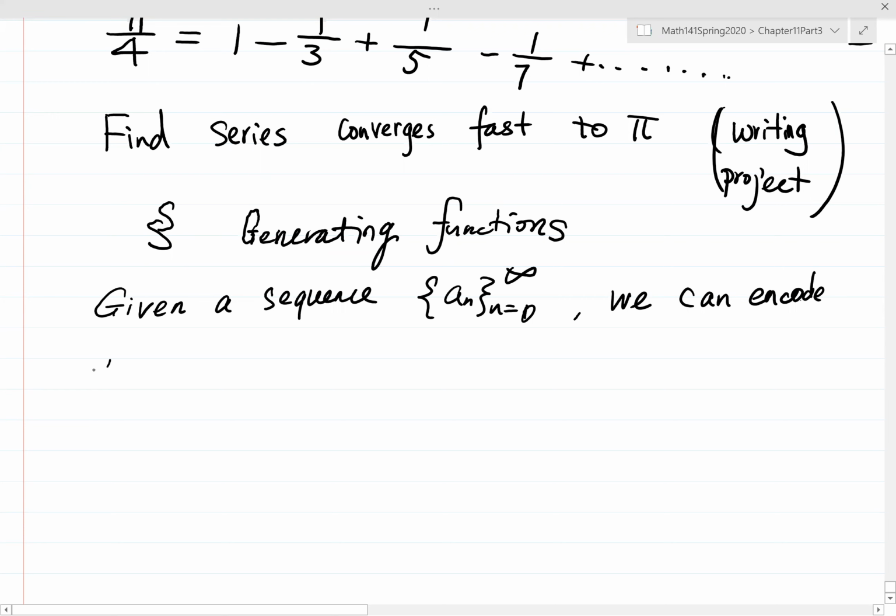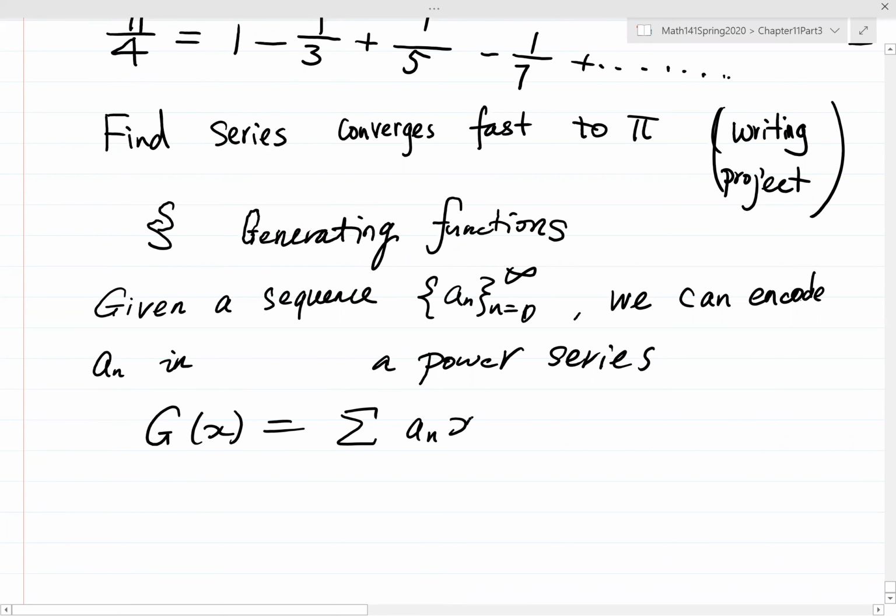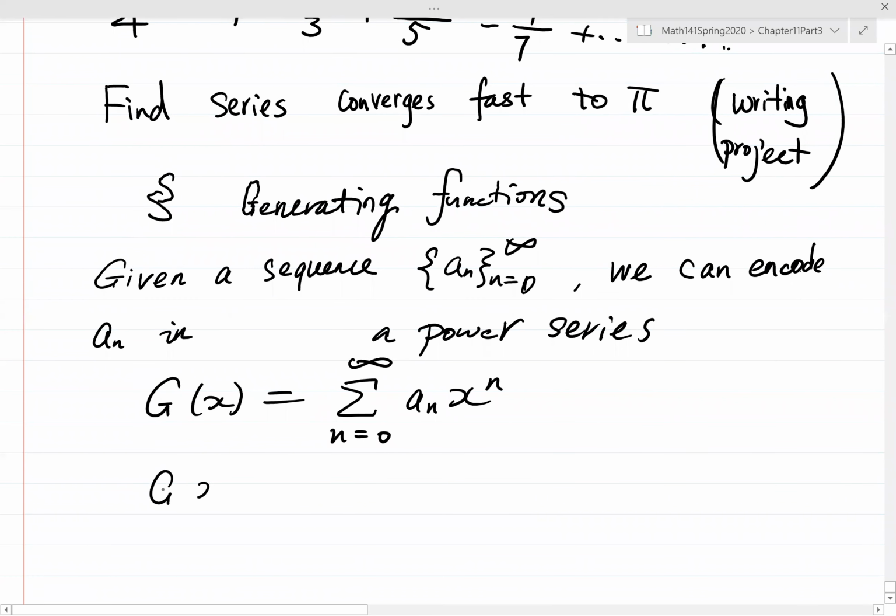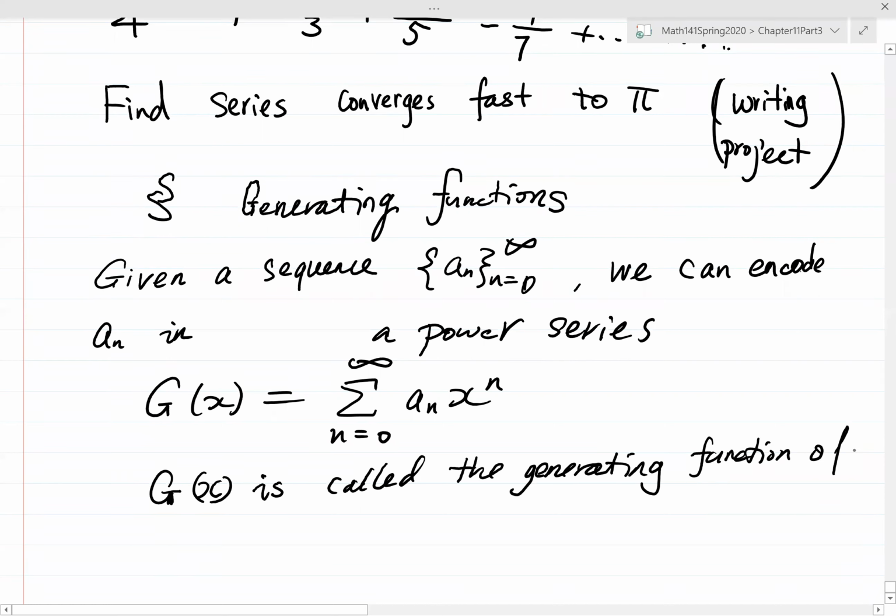So we include a_n in a power series g(x). g(x) is called the generating function of a_n.